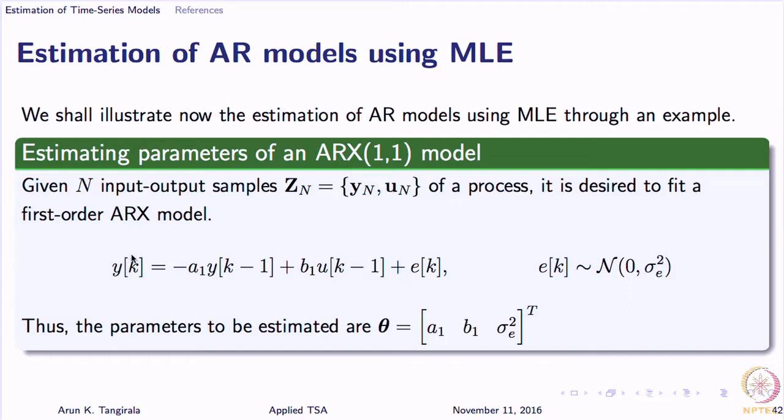As I said on several occasions earlier, setting up the likelihood of correlated observations is not easy, because unlike in the white noise case, the joint PDF cannot be factorized into product of marginal PDFs, but there is a way out.